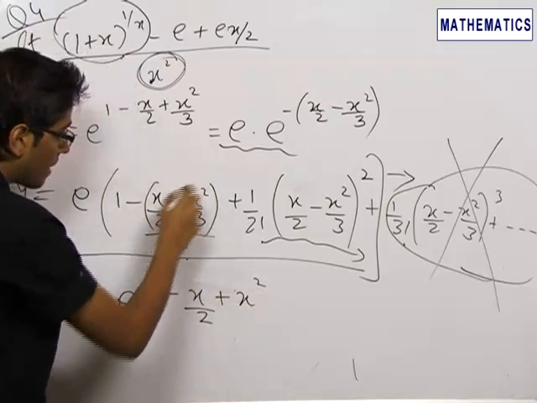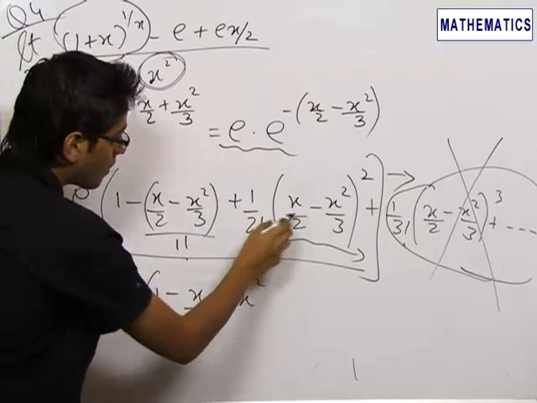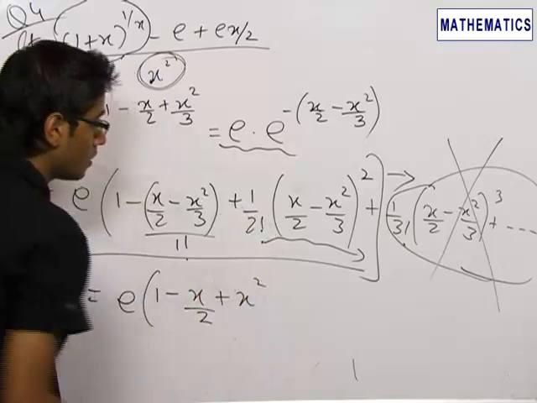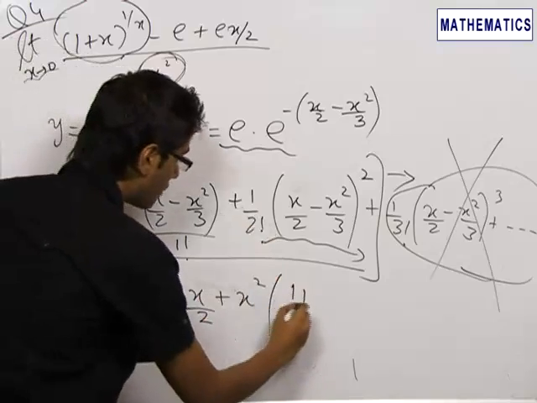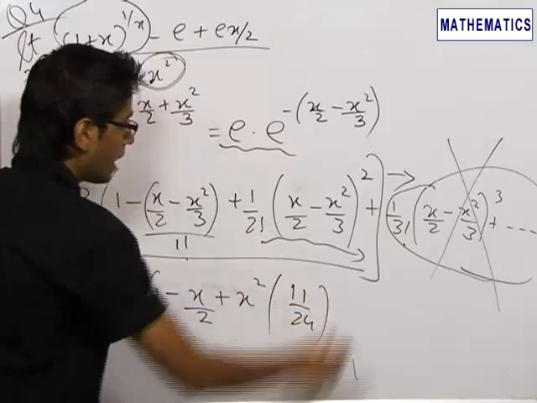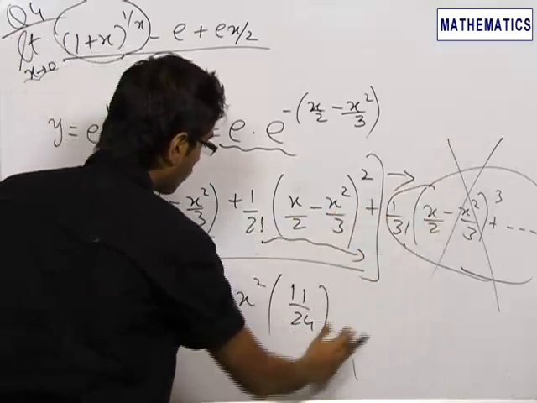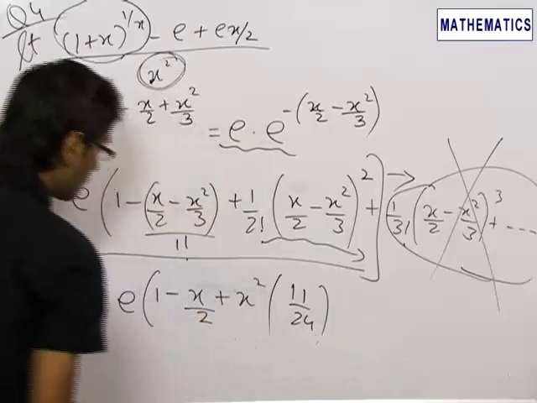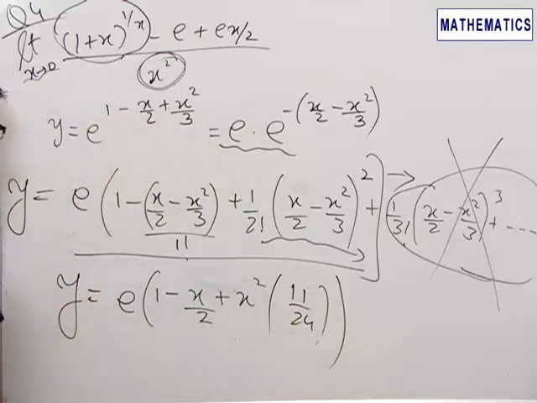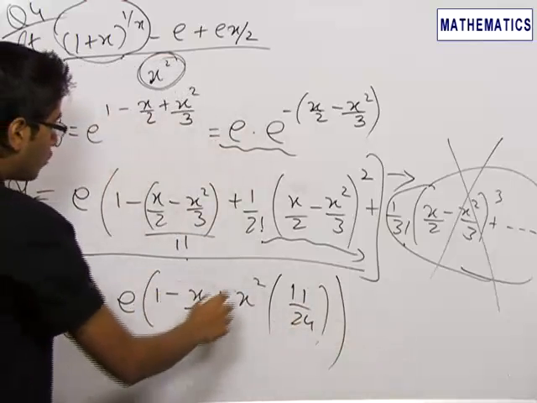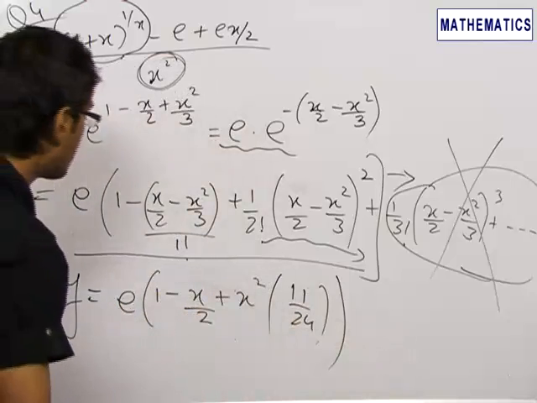Now here it is 1/3, and here we will get 1/4 into 1/2, which is equal to 1/8. So we get x² into (1/3 + 1/8), which is 11/24, and the rest are all cubic and power 4 terms which are useless for us. So we get y equals e into [1 − x/2 + x² into 11/24].